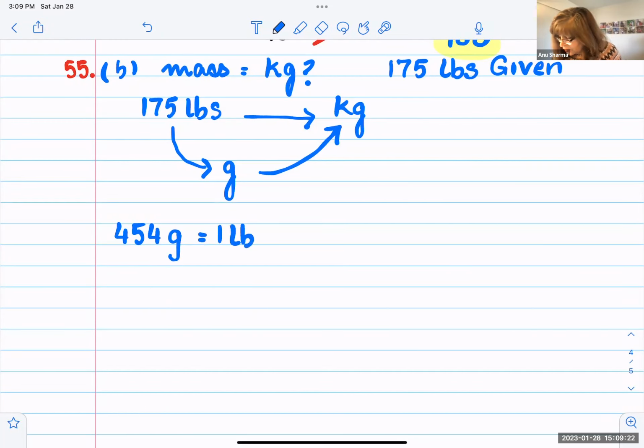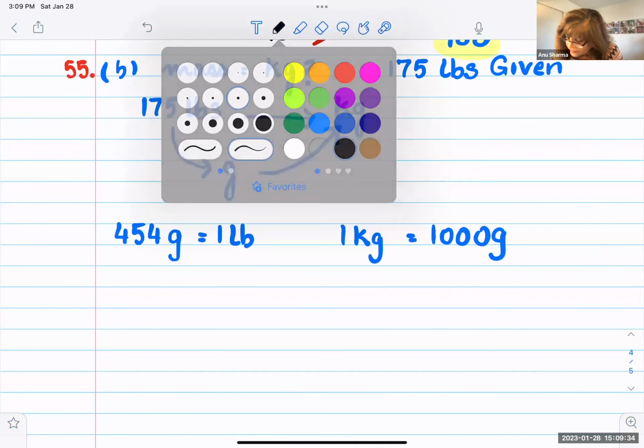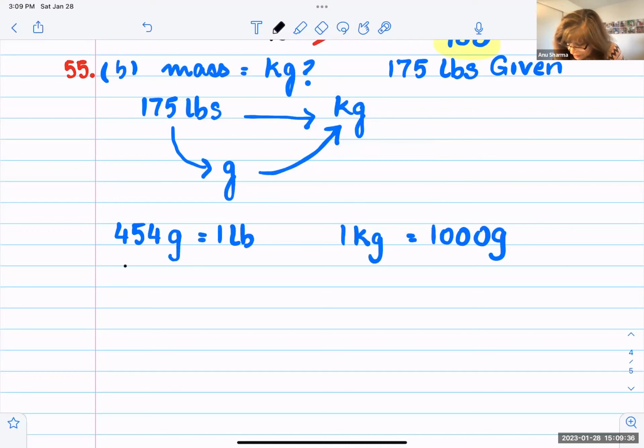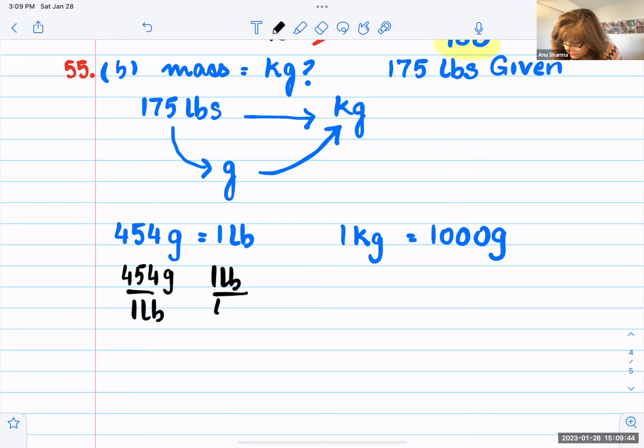So this is one thing to note. And 1 kilogram is equal to 1000 grams. This is another thing that is known from those tables. So here the conversion factors are 454 grams over 1 pound, and 1 pound over 454 grams.